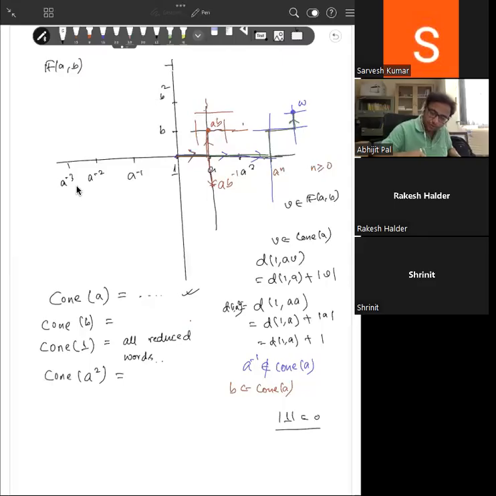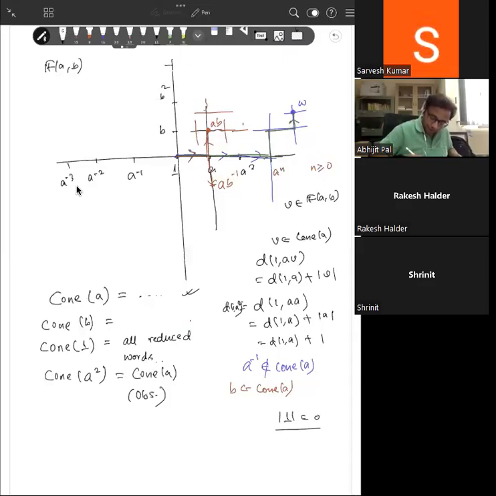Let me draw a fresh picture. It should not start from A to the power minus m, where m is positive. Remember. So it is the same as cone of A. Observe this: cone of A squared is exactly the same as cone of A, right?